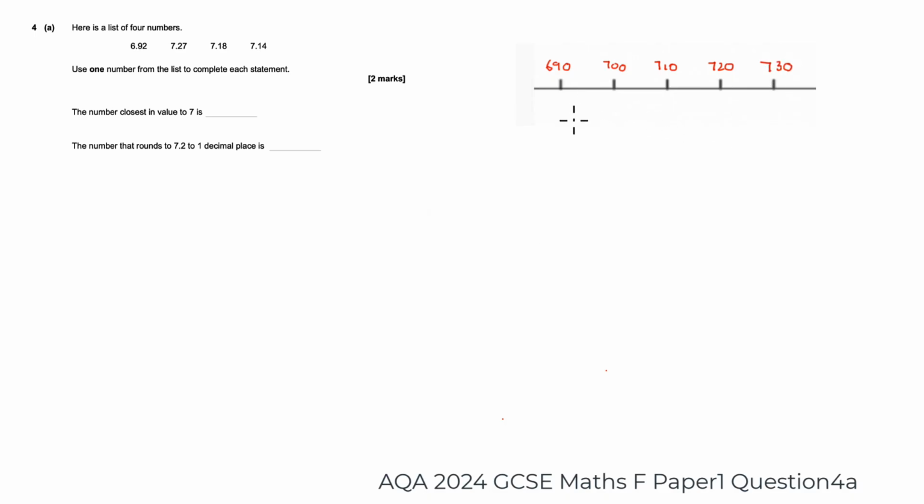And let's try and put these numbers closest to where they are. 692, remember we're forgetting about the decimal point just now. 692 would be around there. 727, oh, that'd be a way along here. 718, oh, just in there maybe. And 714, well, that'd be about there.